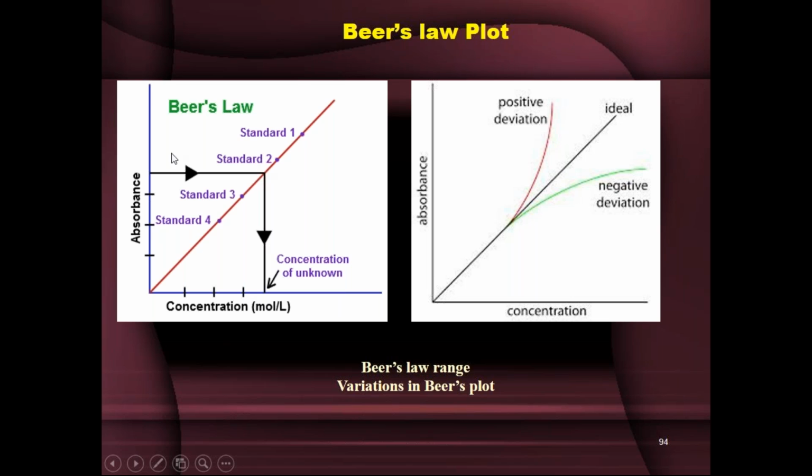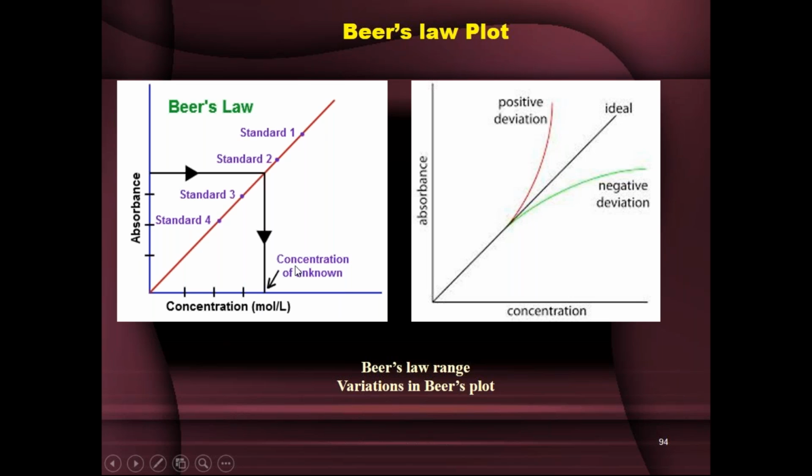For a still larger concentration, absorbance is still higher. So here it clearly shows absorbance is directly proportional to concentration, and that is what is stated by Beer's law. So this is a standard Beer's plot.